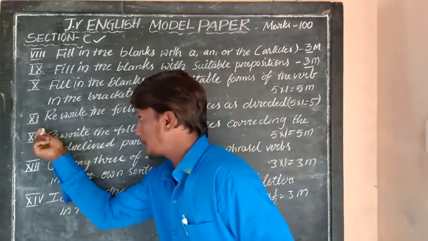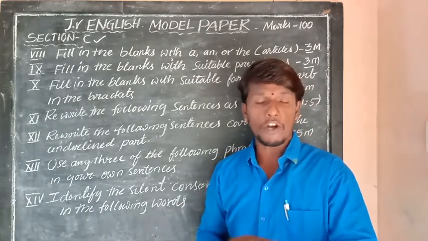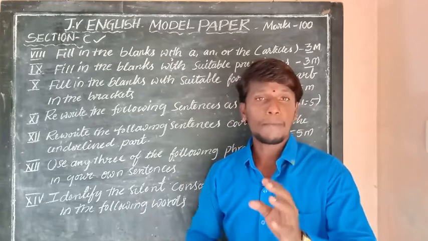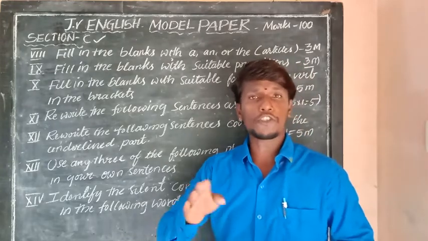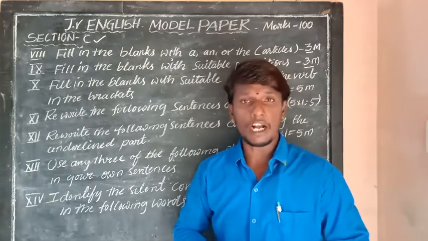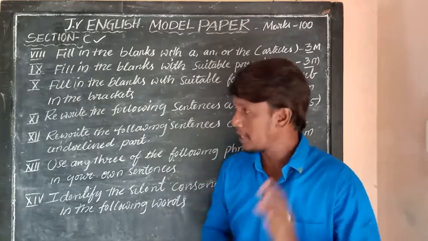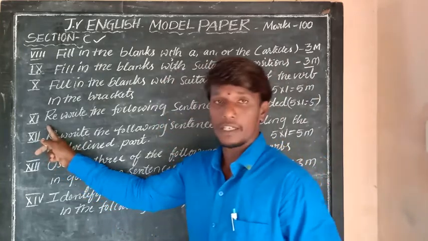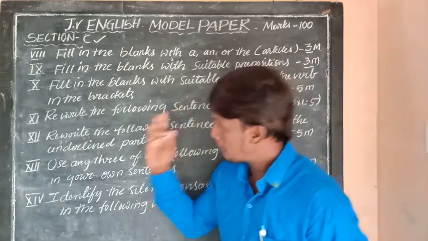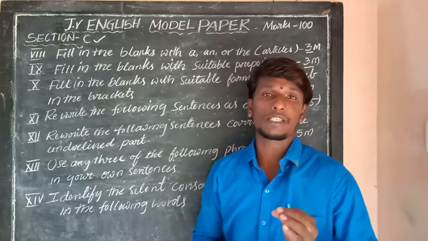Now the fourth question under Roman number 11 is simple, compound, complex sentences. A simple sentence is given, and you need to change it into a compound sentence, or you may be asked a compound sentence and need to change it into a complex sentence. Finally, the last question under Roman number 11 is question tag.